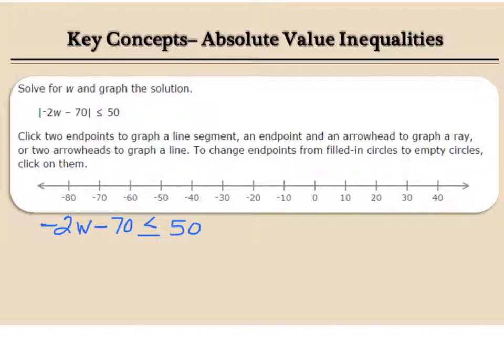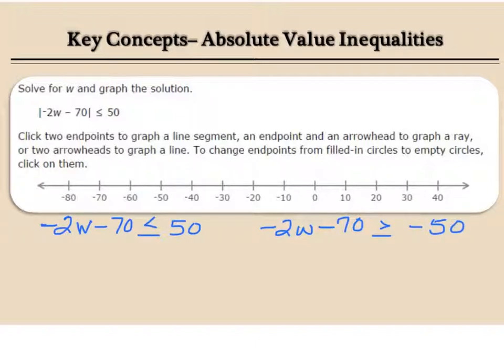It's negative 2w minus 70 is less than or equal to 50. Because the absolute value is less than the number, it is an AND problem, so it's going to be 2 points connected together. So the one that I'm going to write on the other side is negative 2w minus 70 is greater than or equal to negative 50.